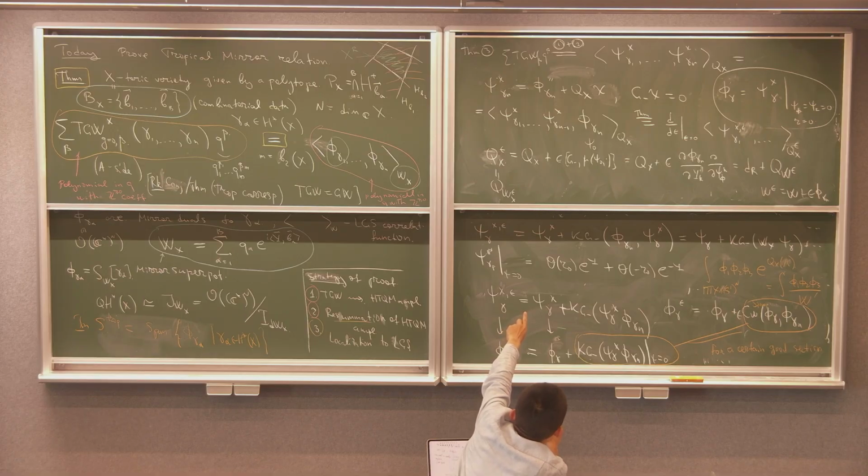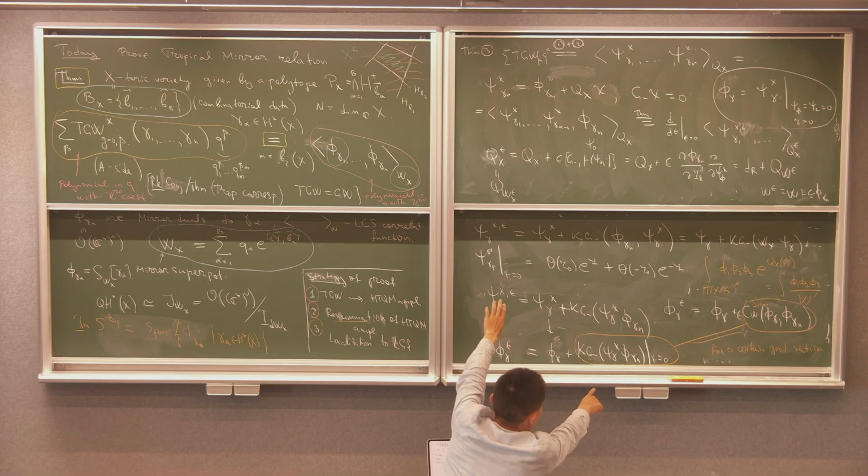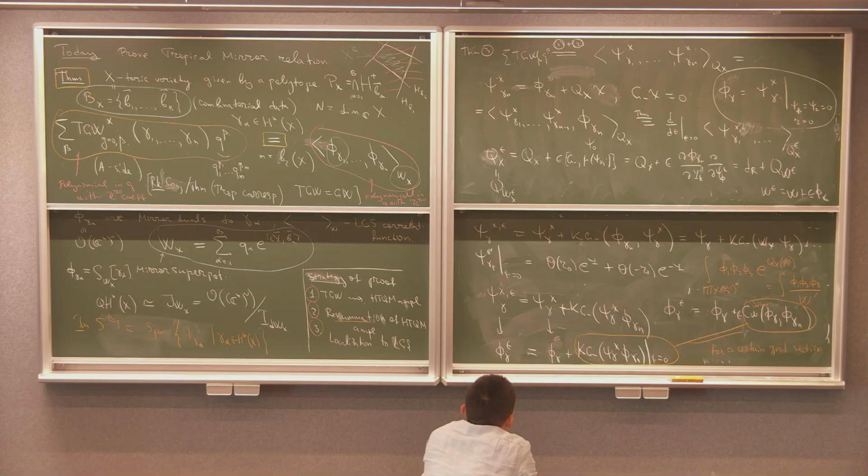Per CX is like deformation of this phi gamma, and this deformation phi gamma epsilon equals phi gamma plus some term. But they are in different spaces, so you can't compare. One is deformation of a holomorphic function, and another is deformation of an HTQM state. HTQM states are in a much bigger space. Somehow you can use HTQM to project to the Jacobi ring.